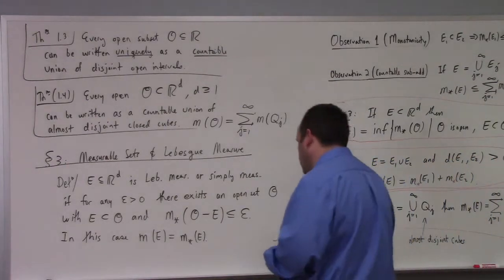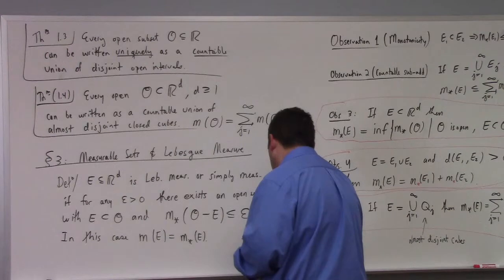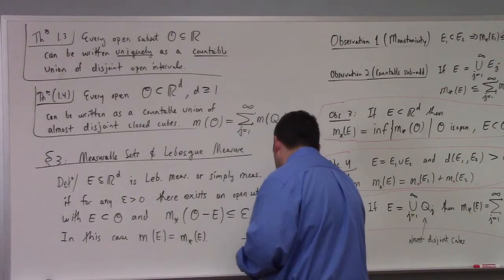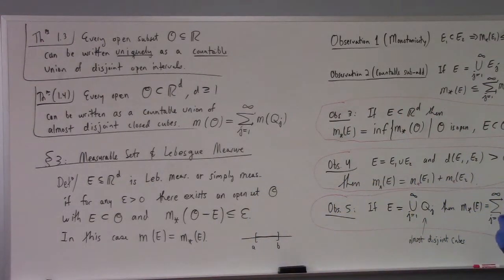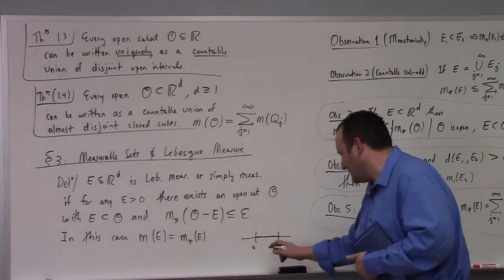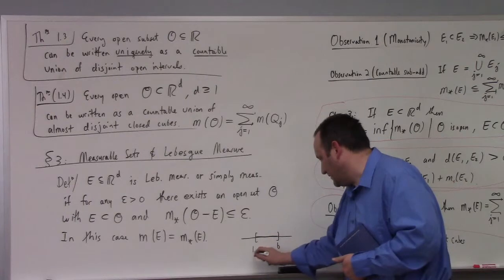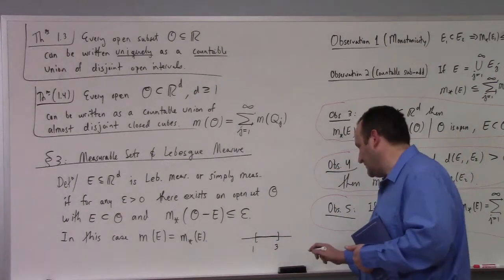Suppose our E was the open set from 1 to 3, and suppose epsilon was a quarter.